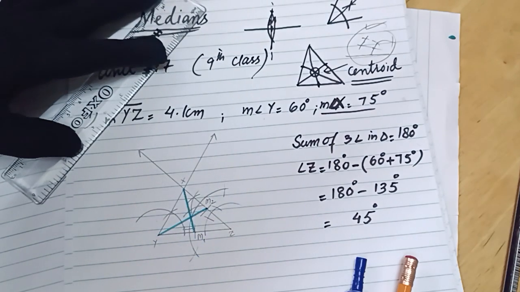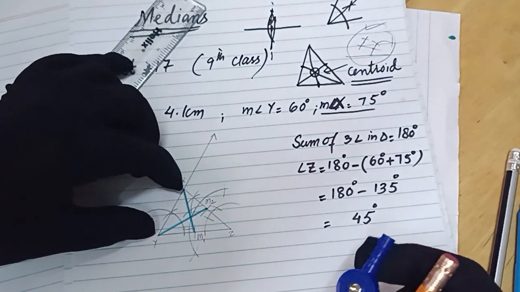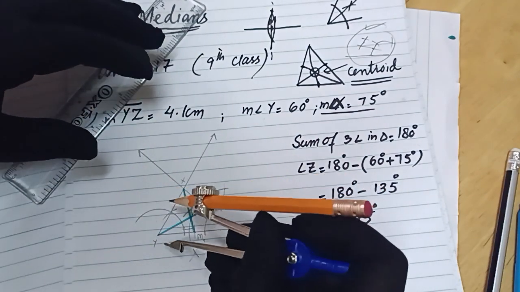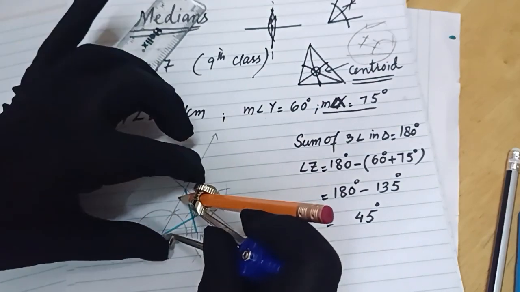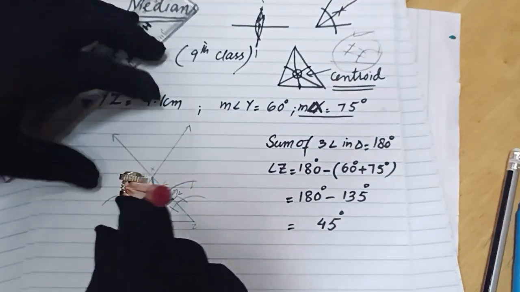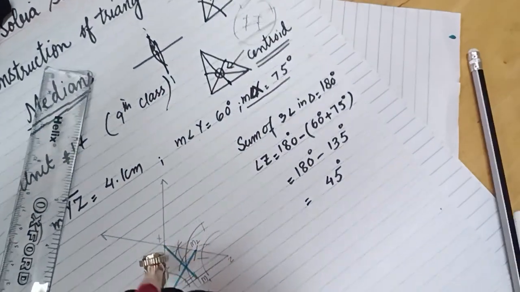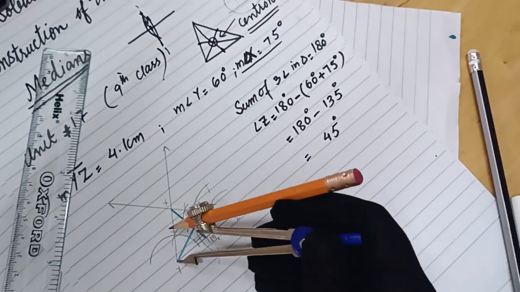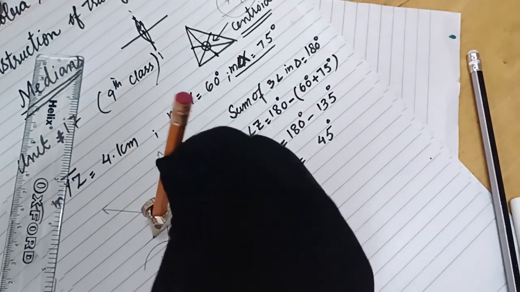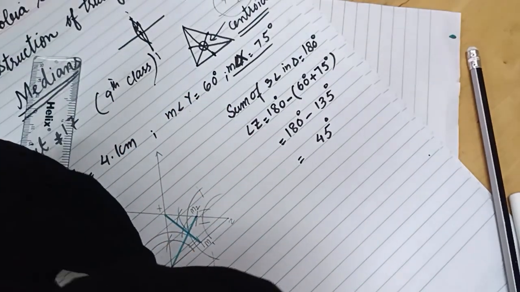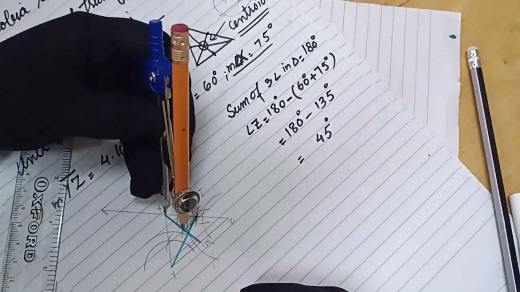Y. Now this line is left, as my compass is open much bigger than half, so I will make it a little shorter. Then I rotate my page according to my own convenience and size, and I will draw like this, and then from the other side.